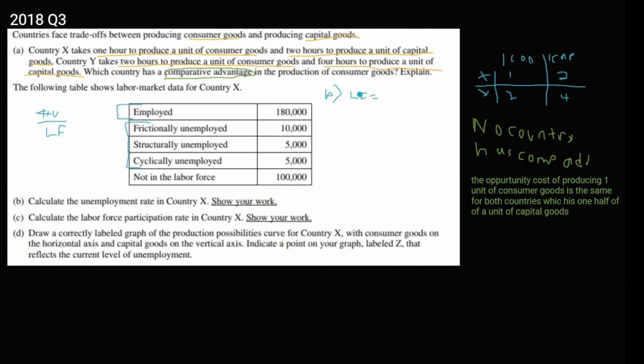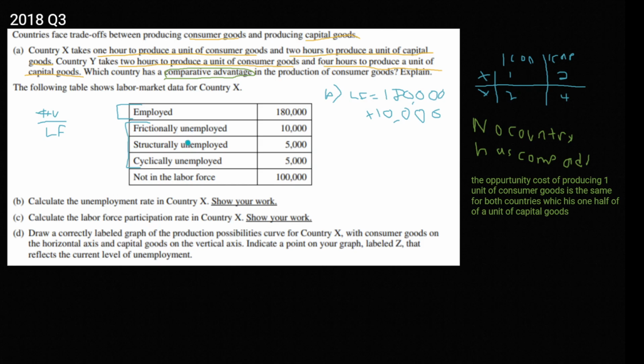So the labor force is equal to 180,000 plus 10,000. It's all of the forms of unemployment. It's the frictional unemployment, the people who just got out of college and are just searching for a job.